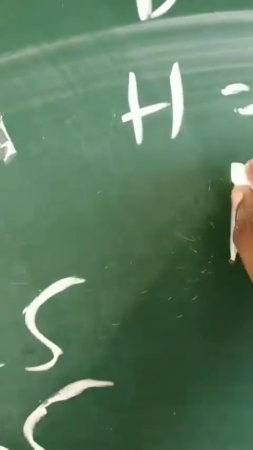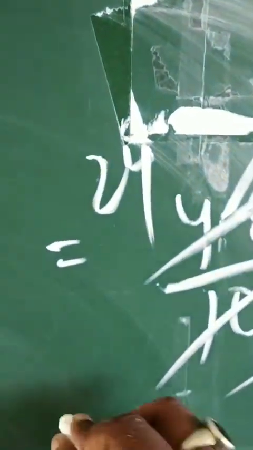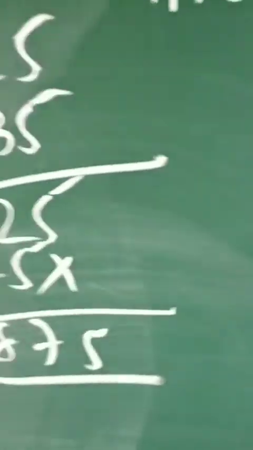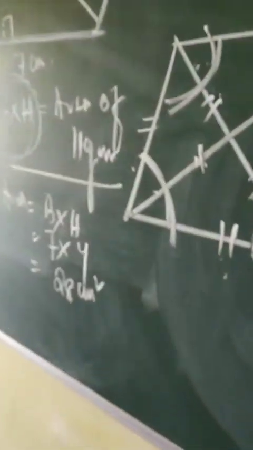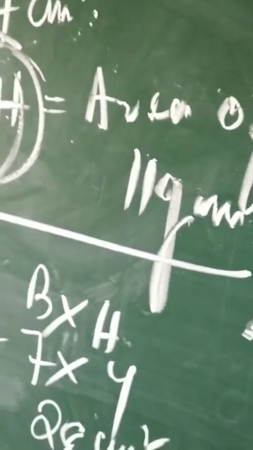So naturally area is equal to base into height, 4.8 into 5. I'm removing this point and I'm supposed to get 10. 5 2s are 10 and 5 4s are 20, plus 4 gives 24. So the area is 24 centimeters square. Children, these were some basic concepts of parallelogram. We understood how to find the area of parallelogram.